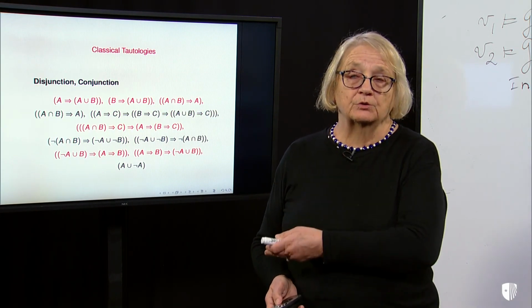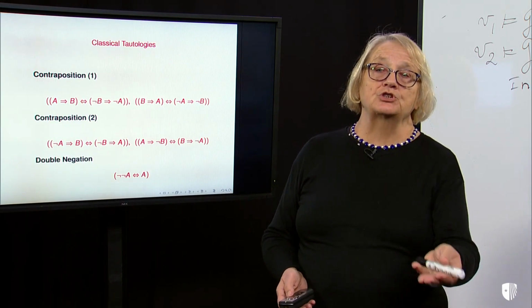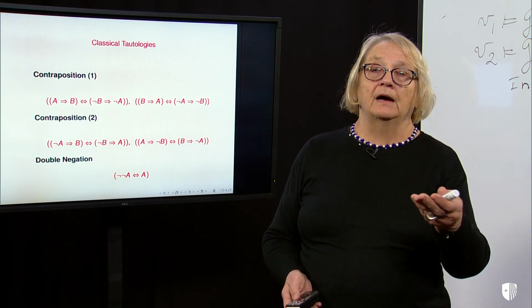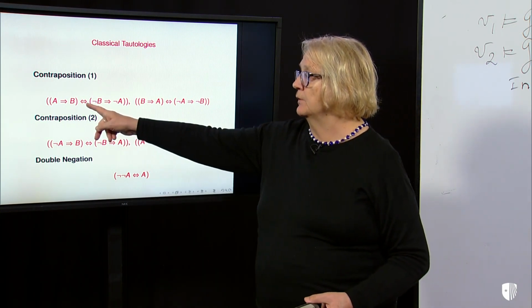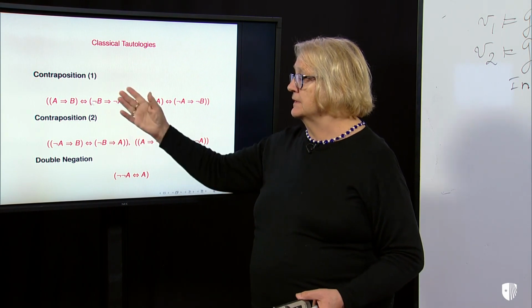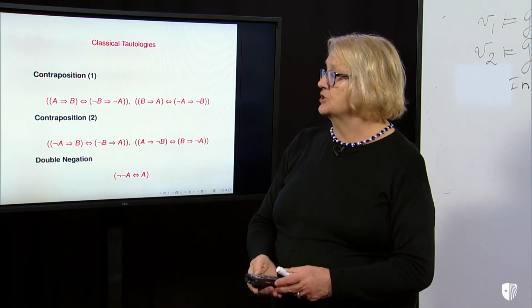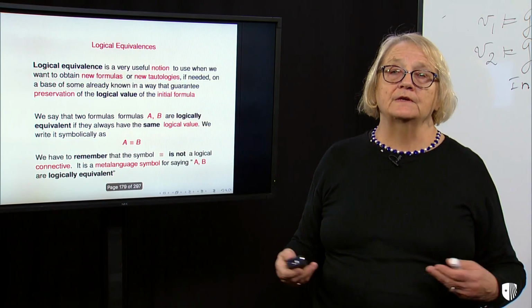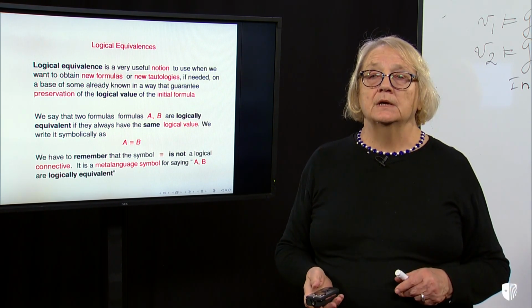Disjunction, conjunction tautologies, you have contraposition laws, these are tautologies with if and only if. So these are double negation, contraposition laws, all classical tautologies.